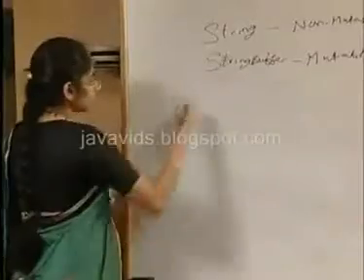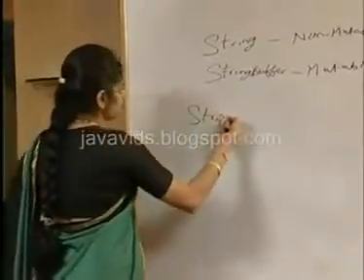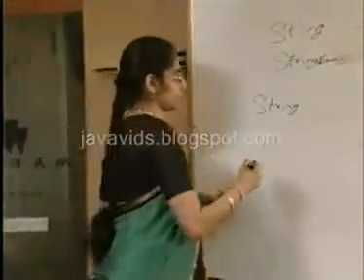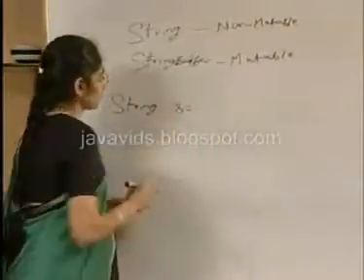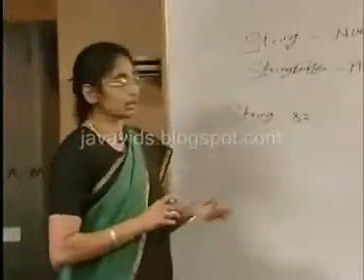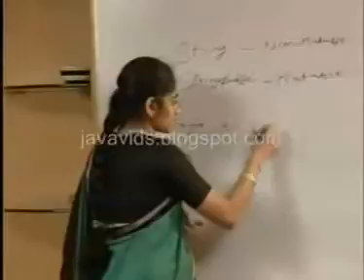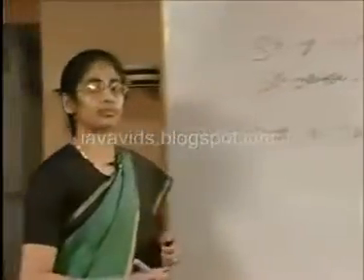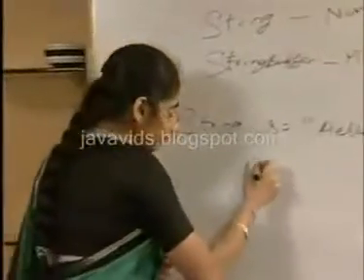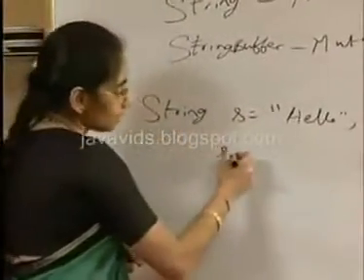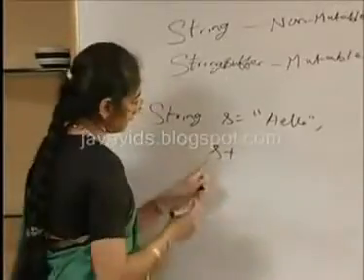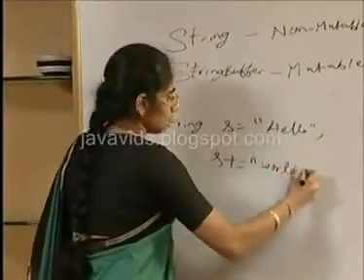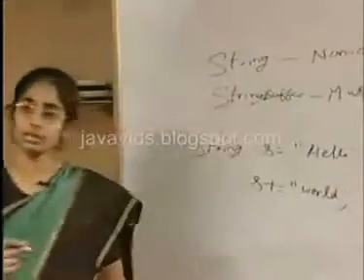Let's assume that we have String s is equal to "hello". Then we want to attach world to this hello, so we might say s plus is equal to "world". And if we were to display, we still get hello world.